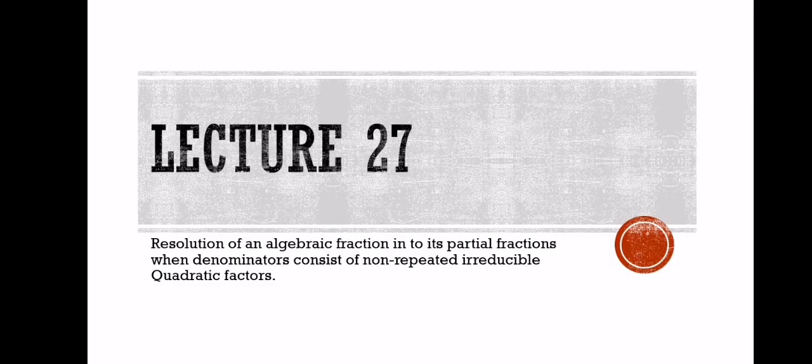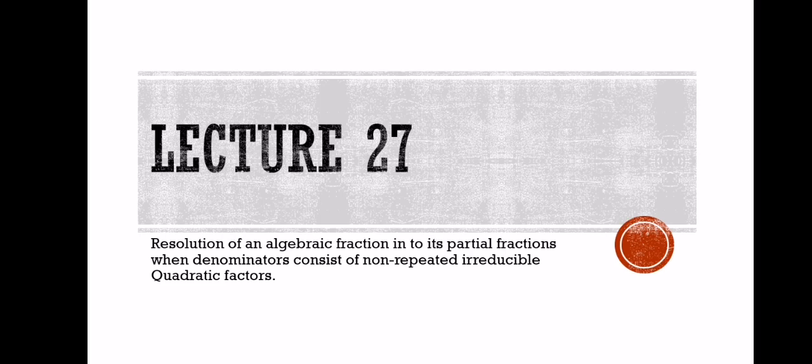So we have resolution of algebraic fractions into partial fractions when the denominator consists of non-repeated irreducible quadratic factors. Irreducible means the factors cannot be factorized further, they are already in the most simplified form.